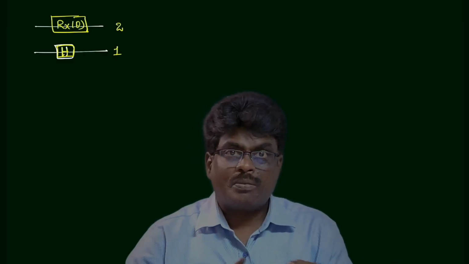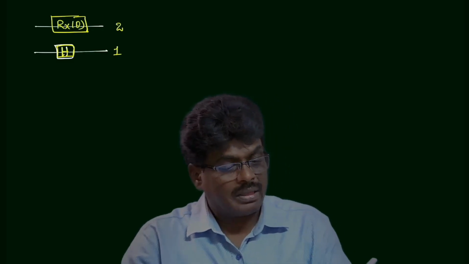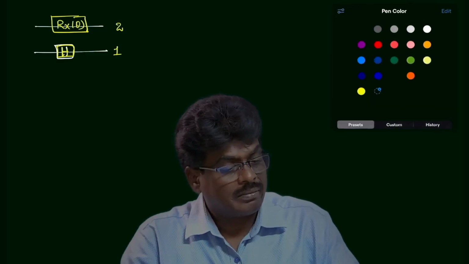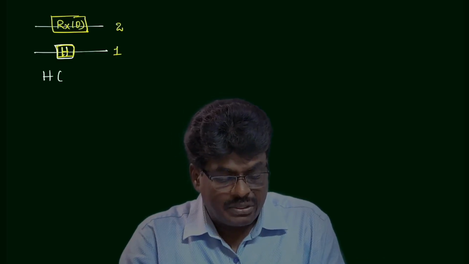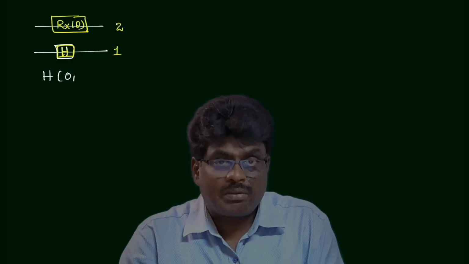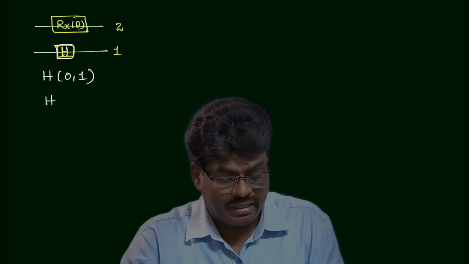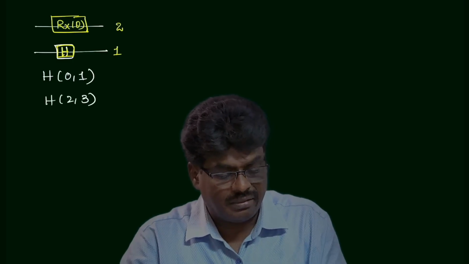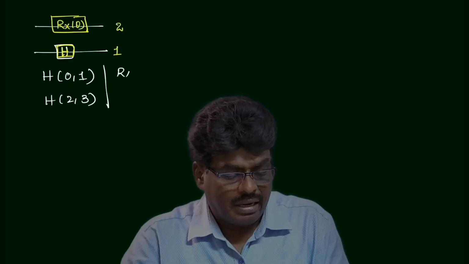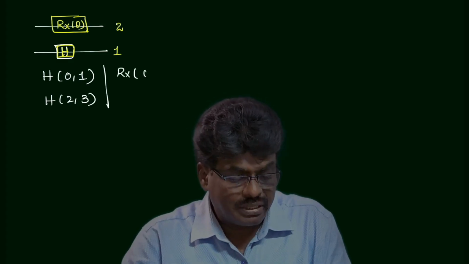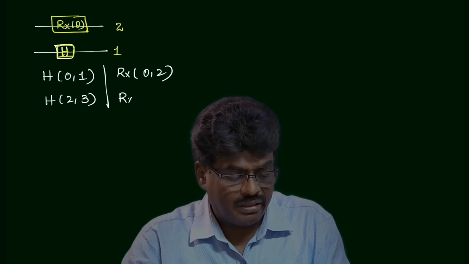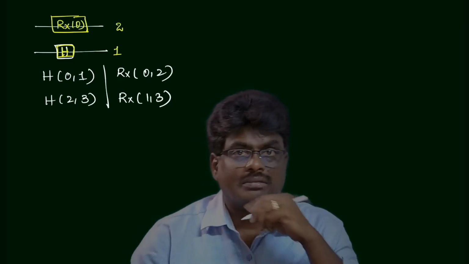Okay, so I hope you remember these matrices. Now let me write the operations first. So this is H of 0, it is on 1, that's why 0 comma 1, and you have to add the second one, that is H of 2 comma 3, and here Rx, it is on 2, that's why 0 comma 2, and next one you have to add 1.